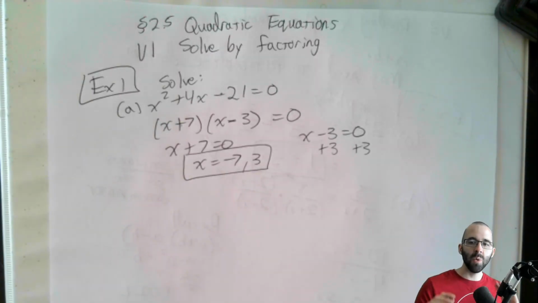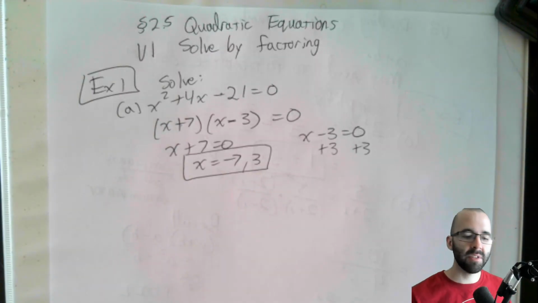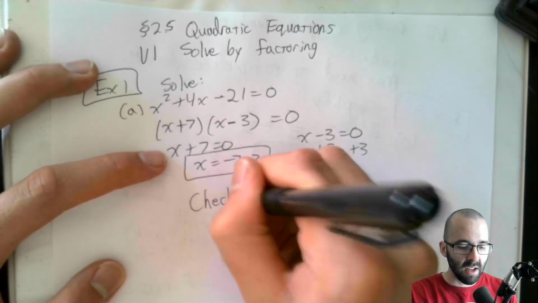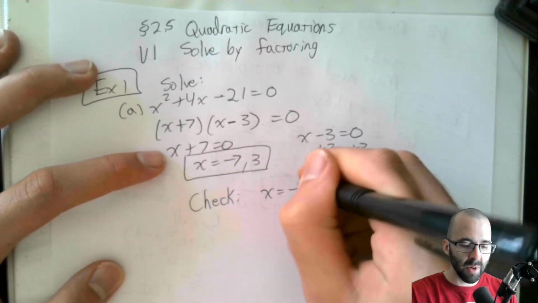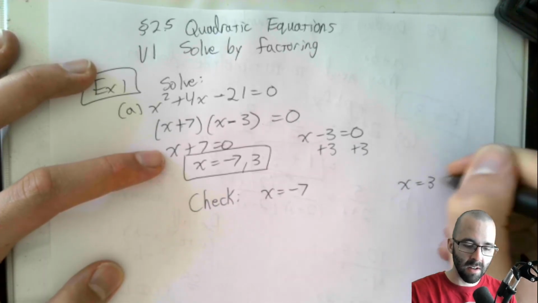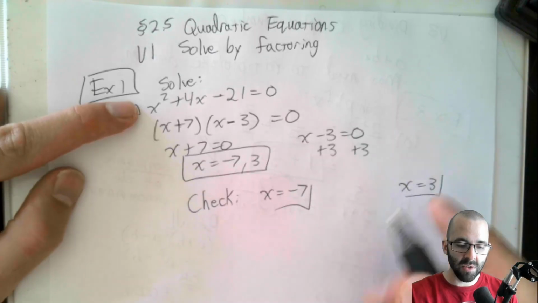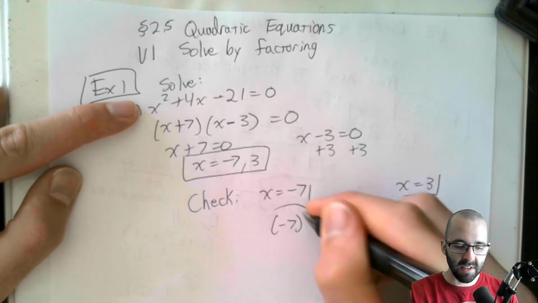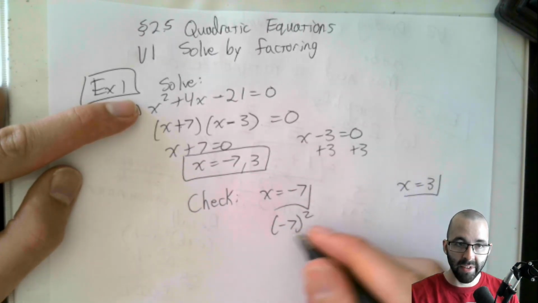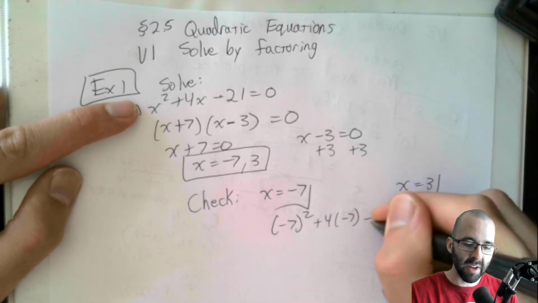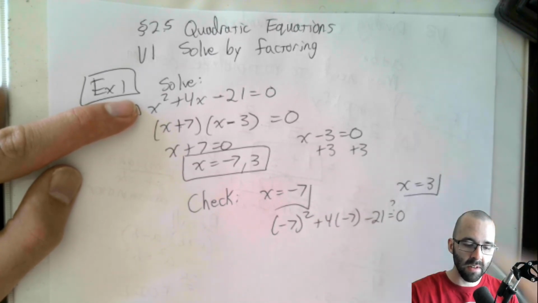And always, always, always, if you have time on a quiz or an exam, check your answers. How do we check this? Well, let's check two answers. If x is negative 7, is this statement true? We get negative 7 squared, again, remember those parentheses, plus 4 times negative 7 minus 21, is that equal to 0?